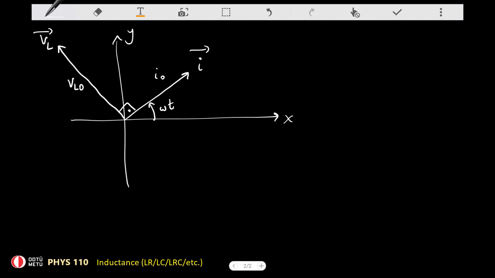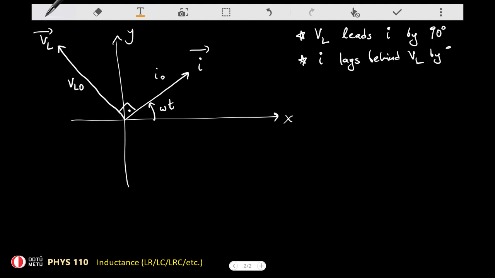I call the amplitude VL0. Let's start with our phase relationship. We say that VL, the potential drop, leads the current by a 90 degree phase difference, or we say that the current lags behind the potential drop by 90 degrees.